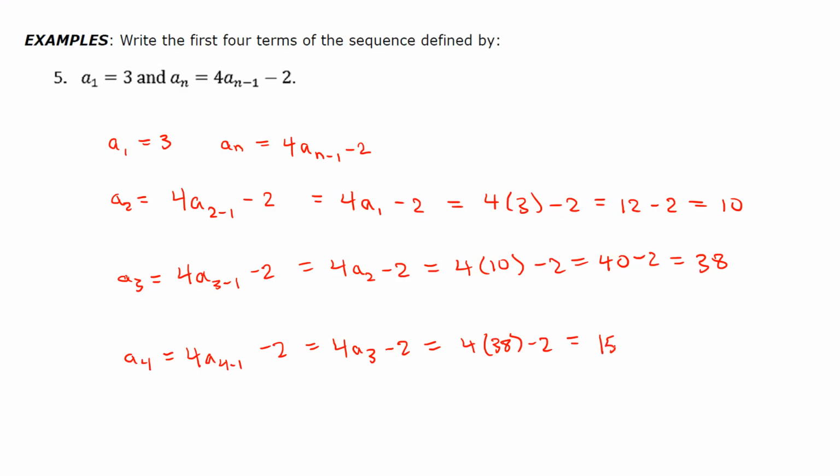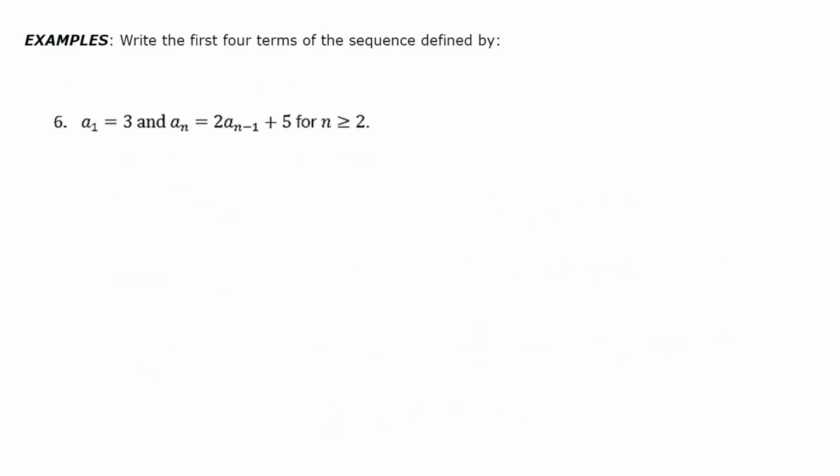So that's 152 minus 2, which equals 150. So the first four terms of the sequence would be 3, 10, 38, and 150.